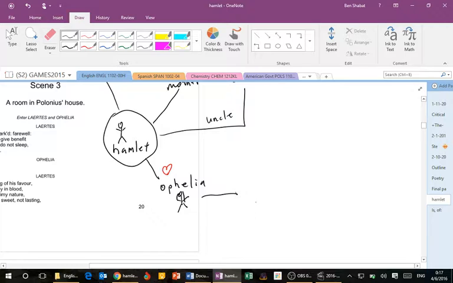Now they are of a somewhat lower class, and that's going to cause some friction for their relationship. And so who does Ophelia have to deal with? Well, there's her brother, Laertes, and their father, Polonius.